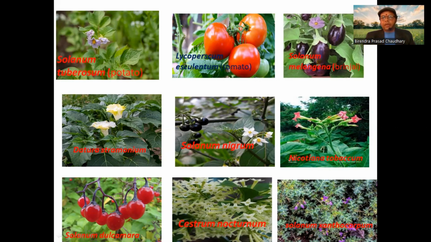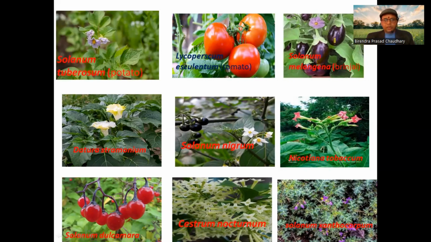Solanum melongena is called brinjal, and this plant is generally utilized as a vegetable. Next, this is Datura stramonium, and this plant is generally used for medicinal purposes.